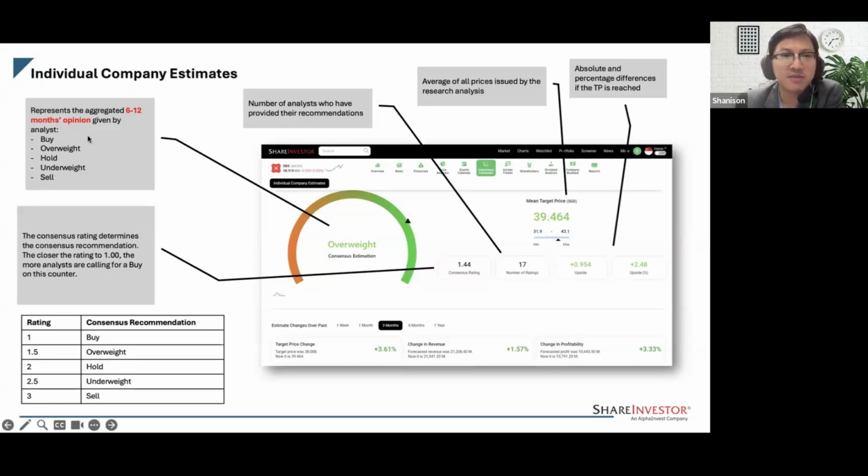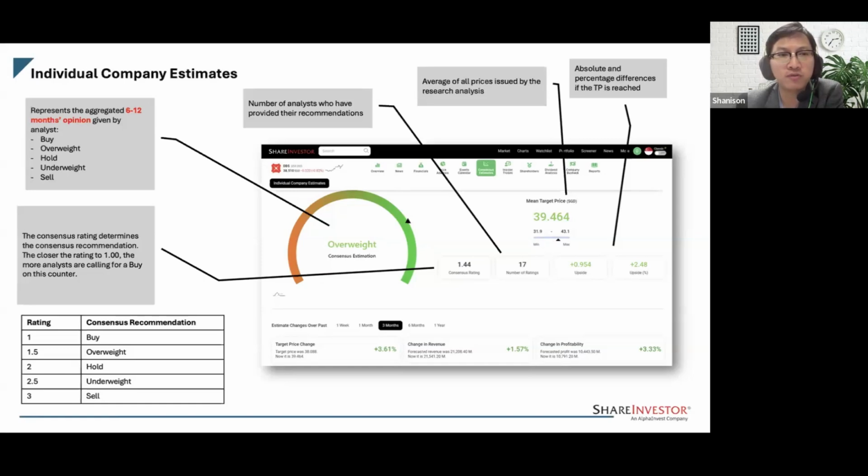Overweight and underweight might be a bit confusing for some people, but the names come from the portfolio index concept. Under each index, there are component stocks, and different stocks have different weightages inside.